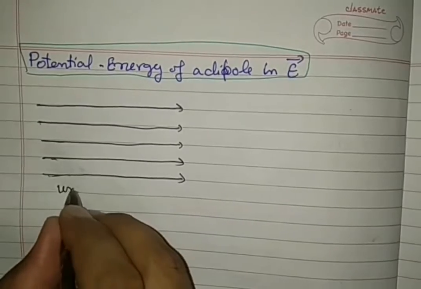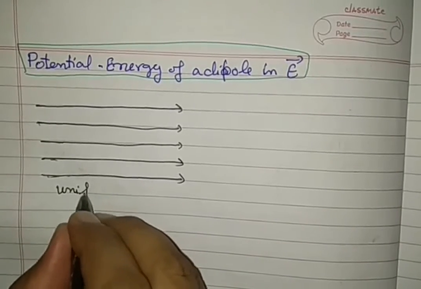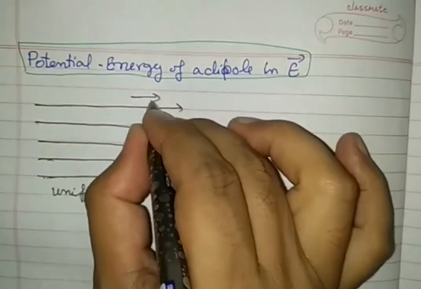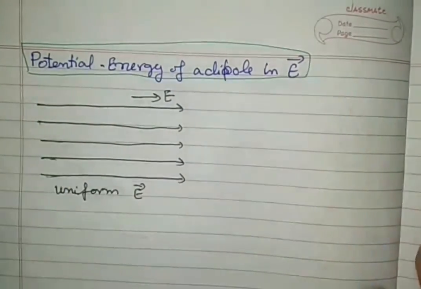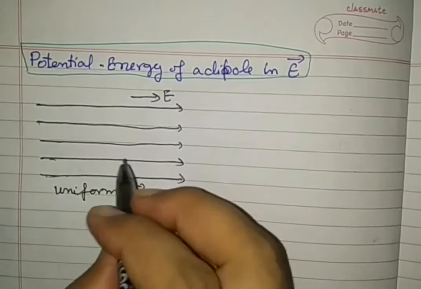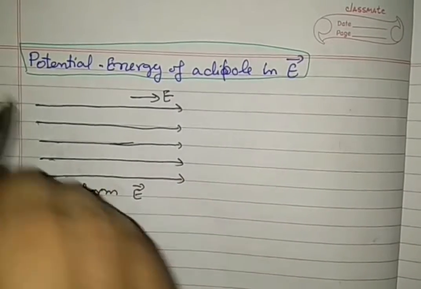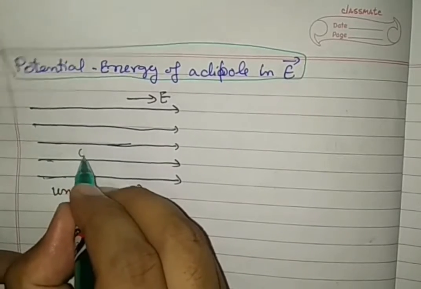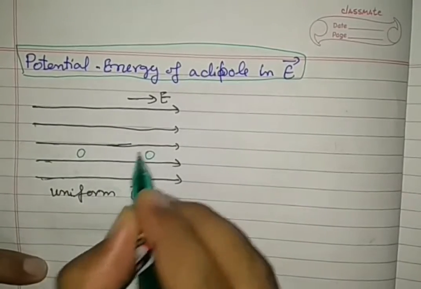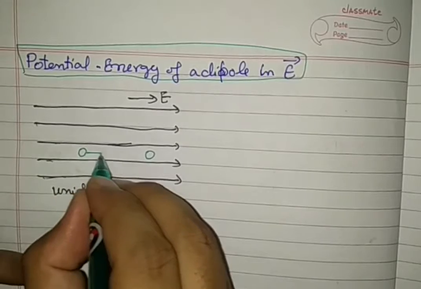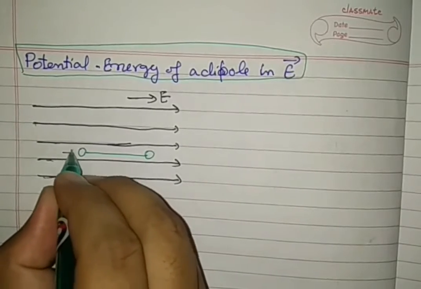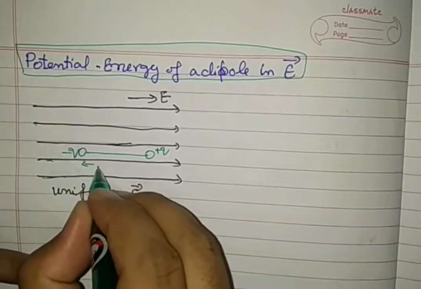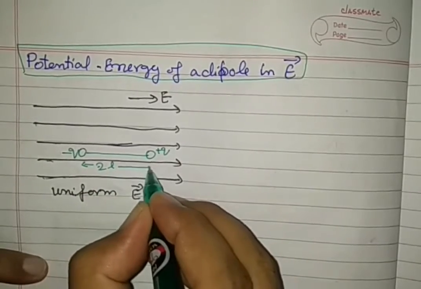This is uniform electric field in this direction, right? Now see very carefully, a dipole, see this dipole is here, minus q plus q separated by a distance, two equal and opposite charges.